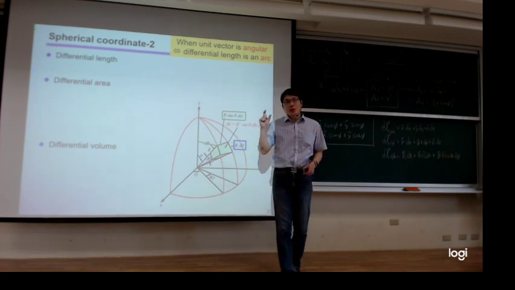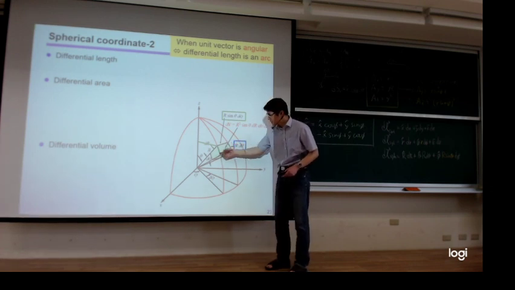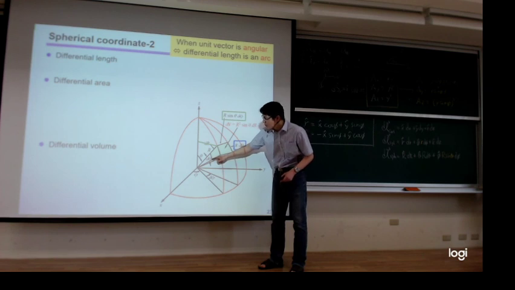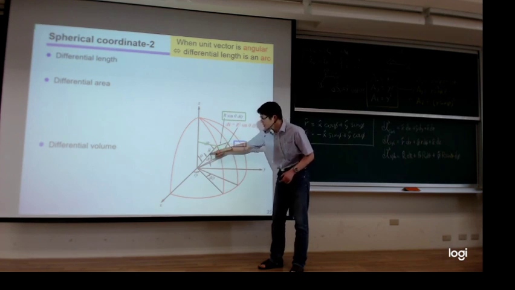In a spherical coordinate, your unit basic structure is very complicated, but again, we can start with one point and we add a differential radius dr, right? We add a differential radius dr, we arrive at this point. We start from this point, we add dr, we arrive here.